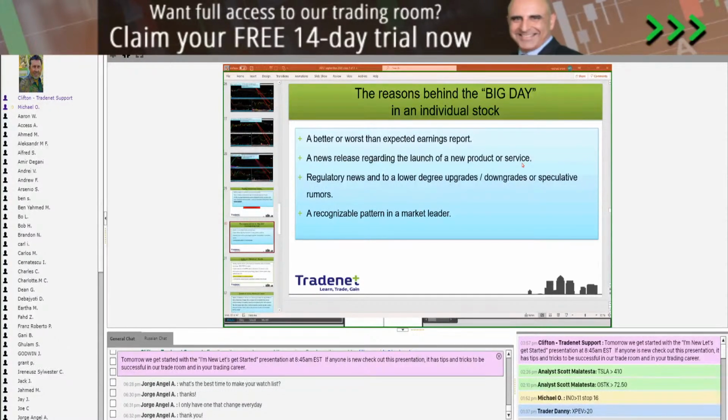A news release regarding the launch of a new product or service. For example, the TikTok mania, now it's in Microsoft and in I don't remember what other stocks are interested, but there is some TikTok mania, and that's news related, has nothing to do with earnings. Okay?